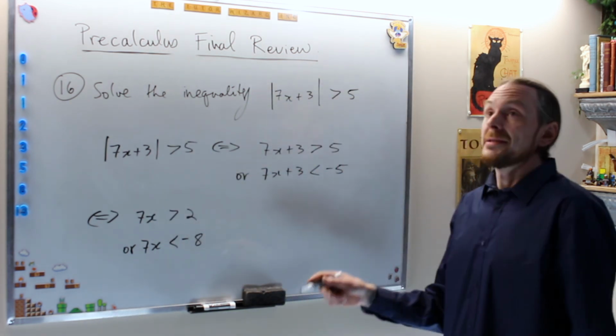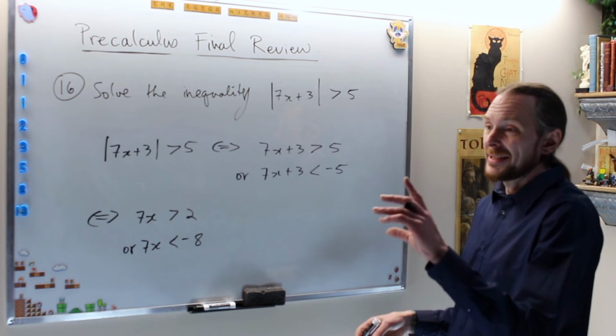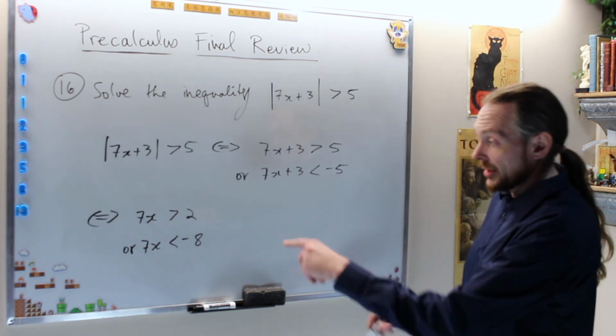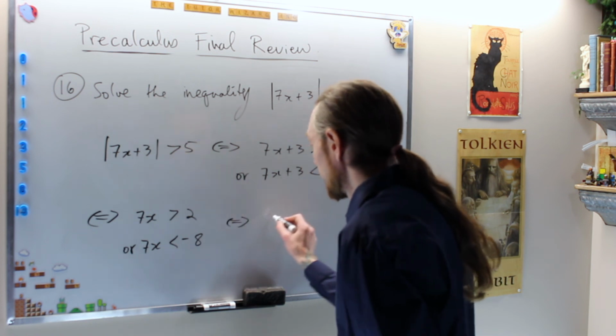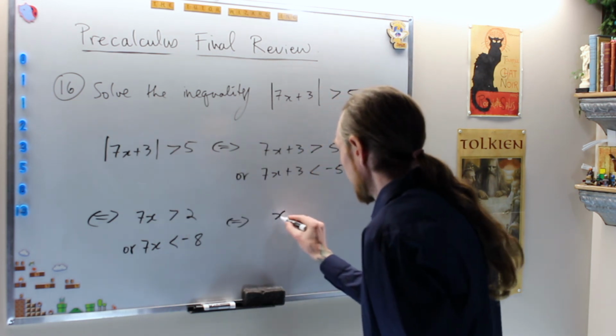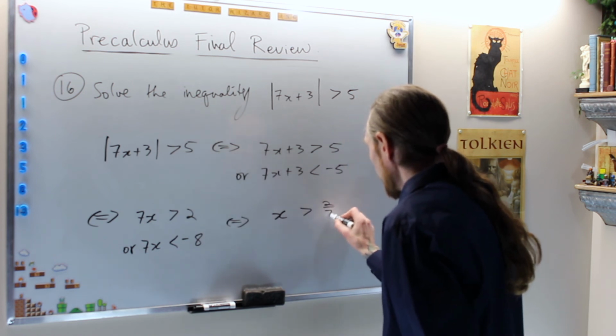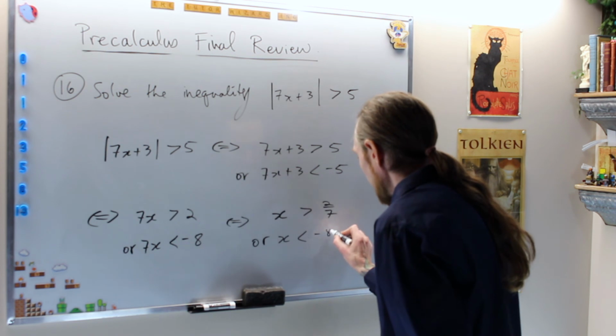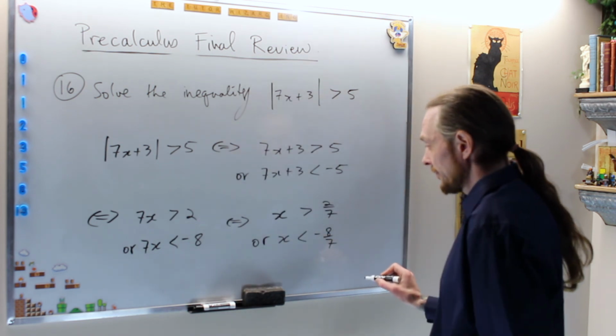In the final step, 7 is positive, so when we divide by 7 or multiply by 1/7, this is also positive, so it won't change the inequality, and this gives us x is larger than 2 over 7, or x is less than negative 8 over 7.